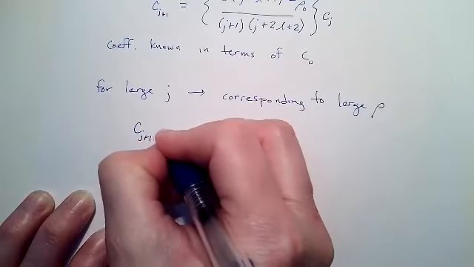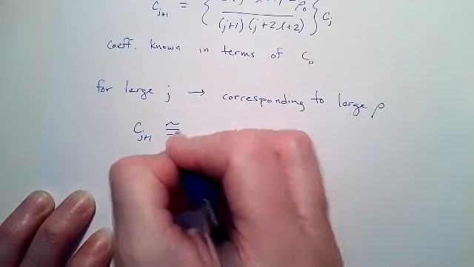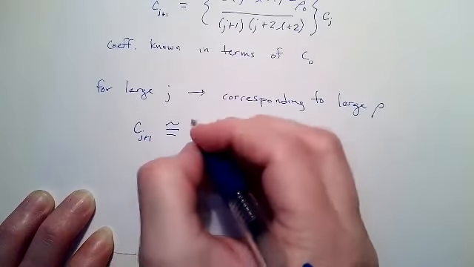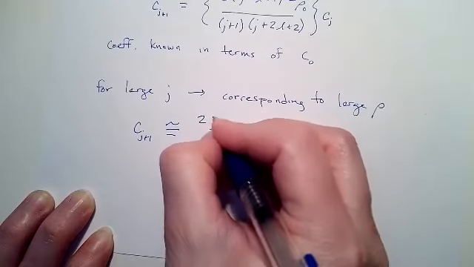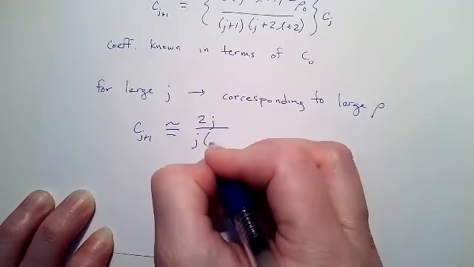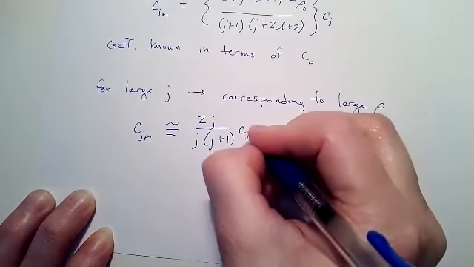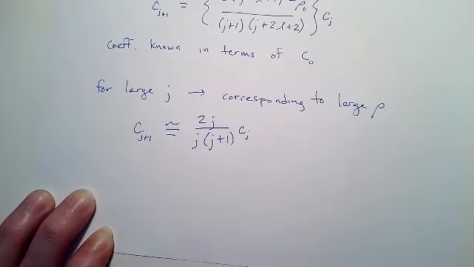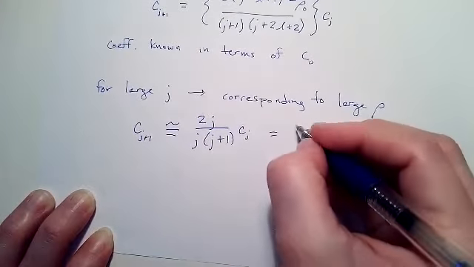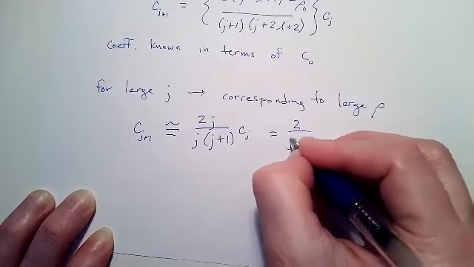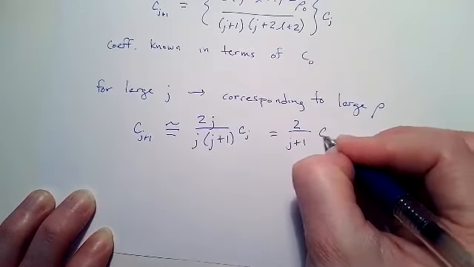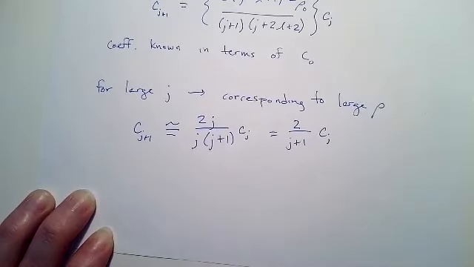And C sub J plus 1 would start to look like 2J divided by J times J plus 1 times the next coefficient down, so C sub J. When we look at that, we could simplify that just a wee bit more and write it this way.